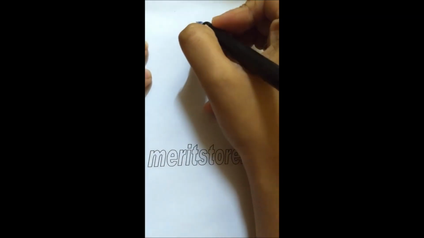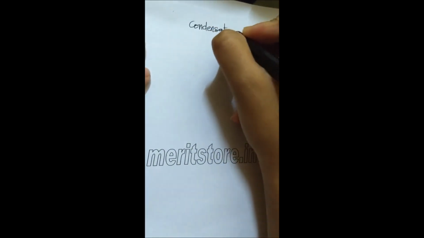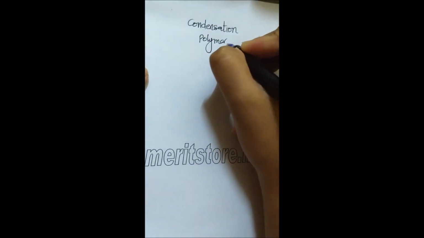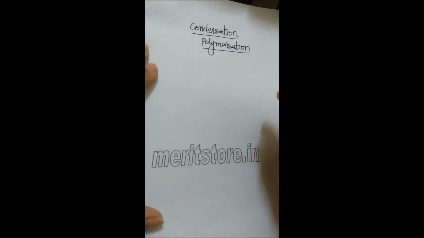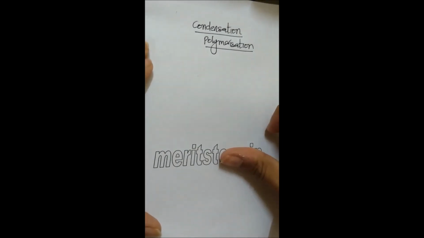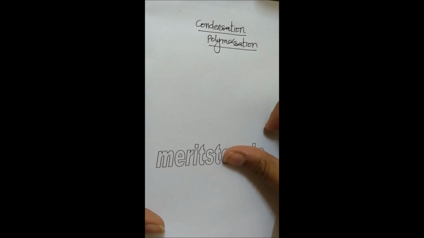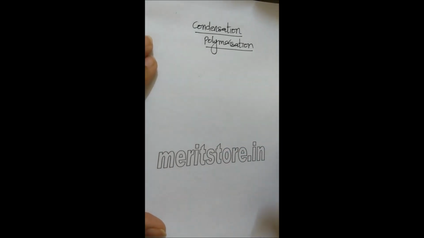The second method is called condensation polymerization. In this kind of polymerization, a polymer formed by the condensation of two or more than two monomers with the elimination of simple molecules like water, ammonia, alcohol, etc. is called condensation polymerization.